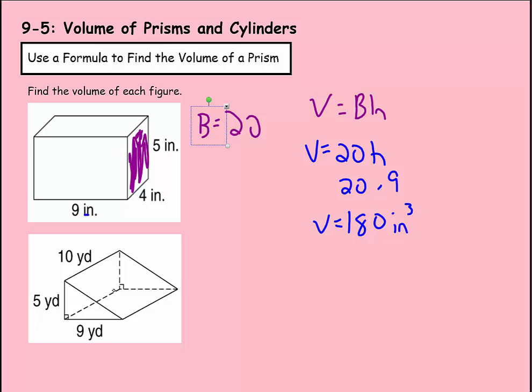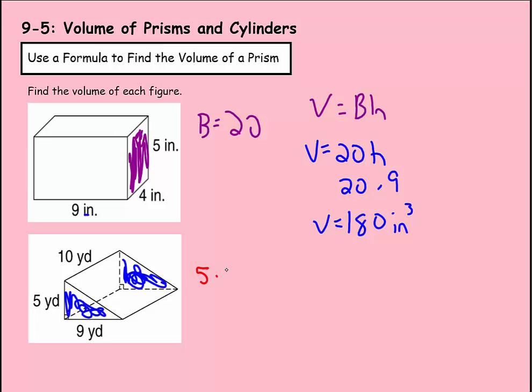Now we have a triangular prism. It's a triangular prism because we have 2 parallel triangles as the bases. So we need to find the area of the base, which would be a triangle, and multiply that times the height, which is the distance between the bases. The area of this triangle would be 5 times 9 divided by 2, length times width divided by 2.